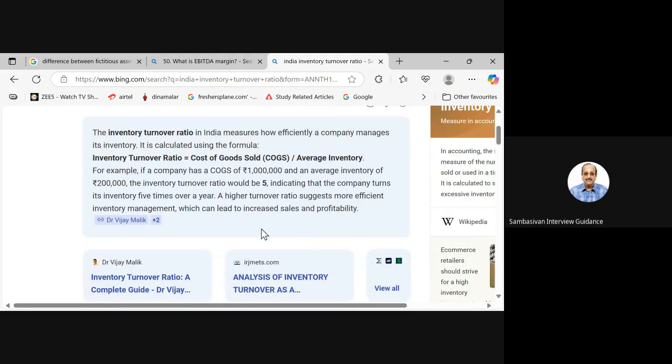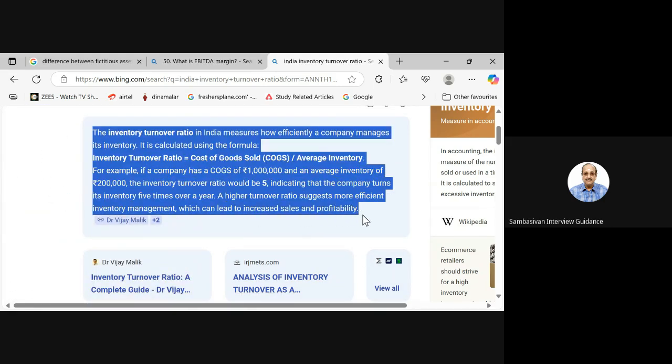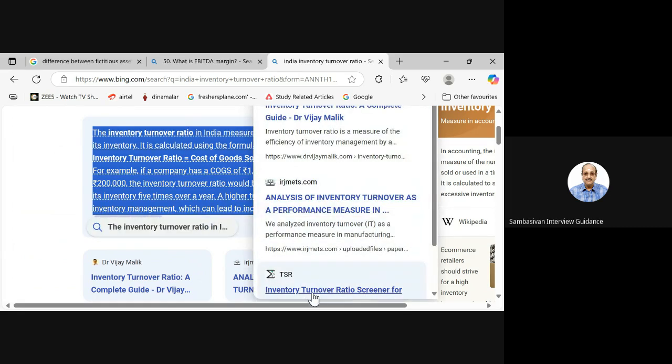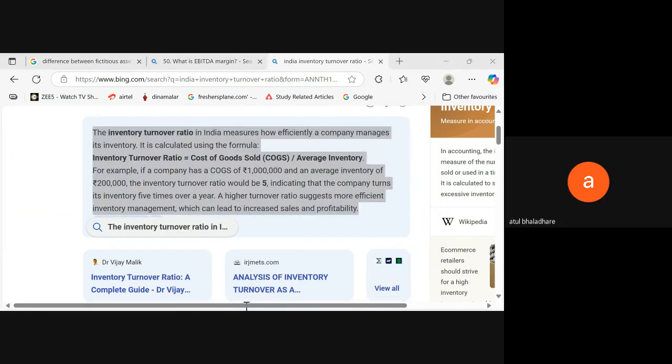A higher turnover ratio suggests more efficient inventory management, which can lead to increased sales and profitability. You are right. I will change it, and I am not willing to go into further details. It's okay. Thank you, Preeti ji.